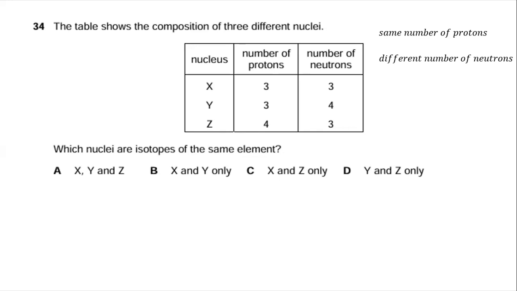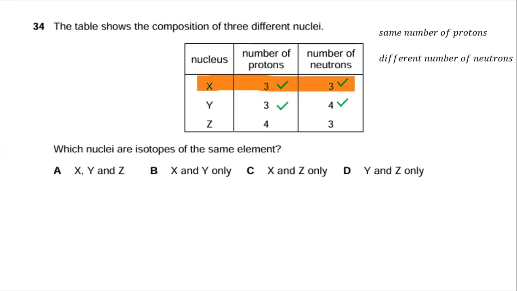So we'll see the first column given with the nucleus X, Y, Z. The second column given with the number of protons, 3, 3, 4. Third column given with number of neutrons, 3, 4, 3. So first of all, we can see the same number of protons, 3, 3, that means for X and Y. And different number of neutrons, again, we can see 3, 4 for X and Y.